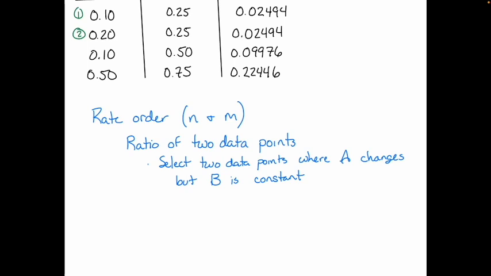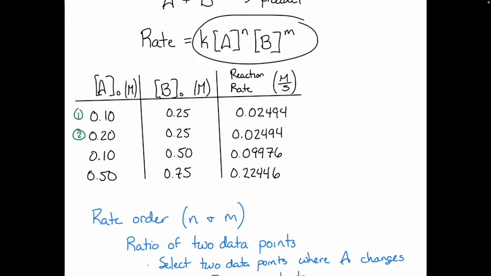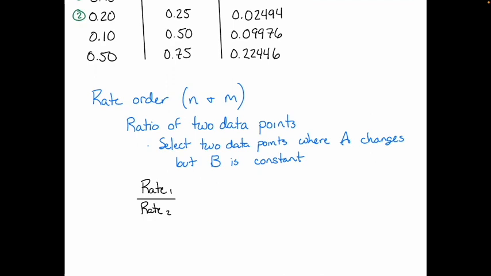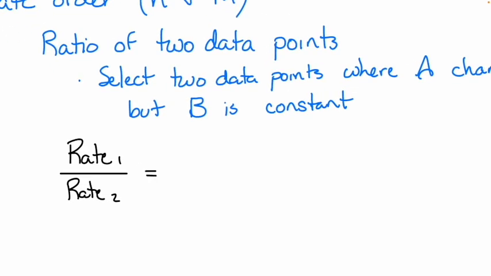Well, let's do the same thing we did before. We're going to take the ratio of those rate laws. So the rate of that first data point divided by the rate of that second data point is equal to my rate law here, equal to K times A at data point 1 times B at data point 1 raised to their respective orders.